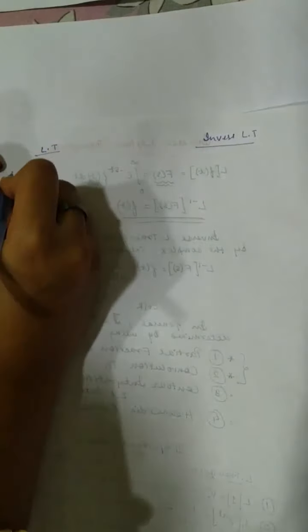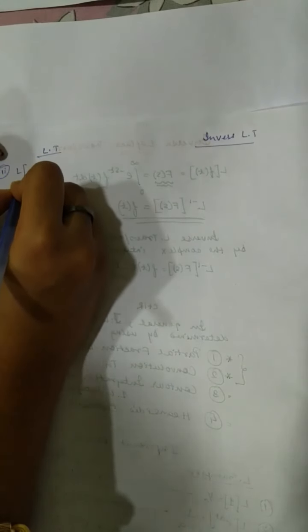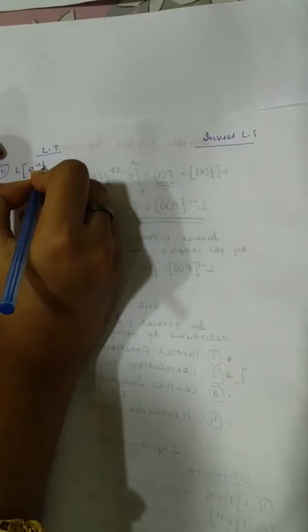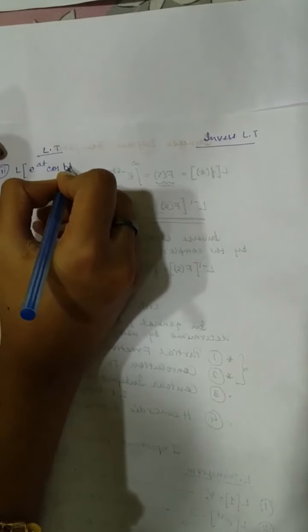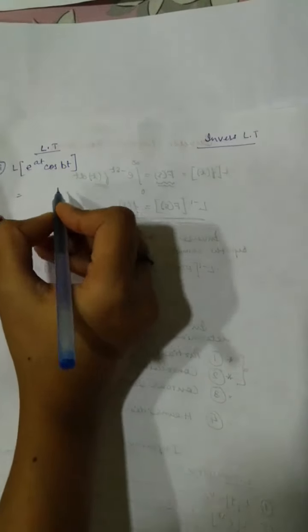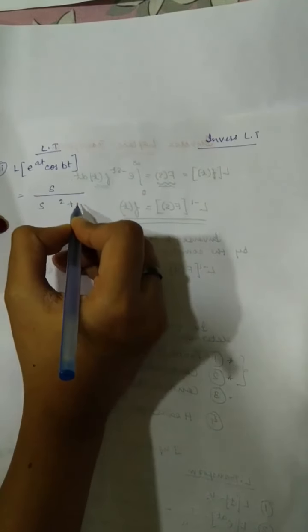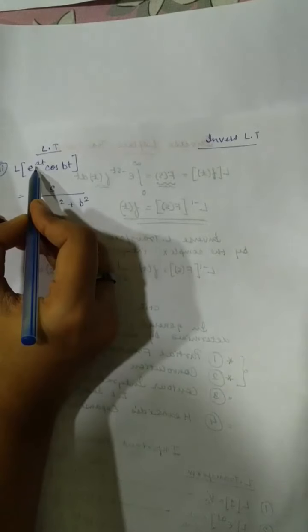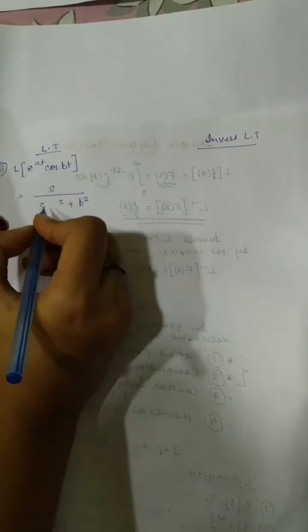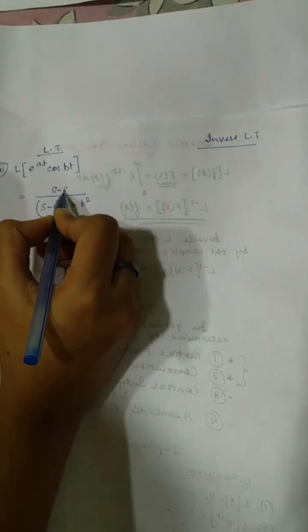Okay. So second, the Laplace transform of e to the power at cos bt is equal to, first we have to write the Laplace transform of cos bt, which is nothing but s divided by s square plus b square, and since we have e to the power at multiplied to it, we have s minus a whole square plus b square, right? And this s will be replaced by s minus a.